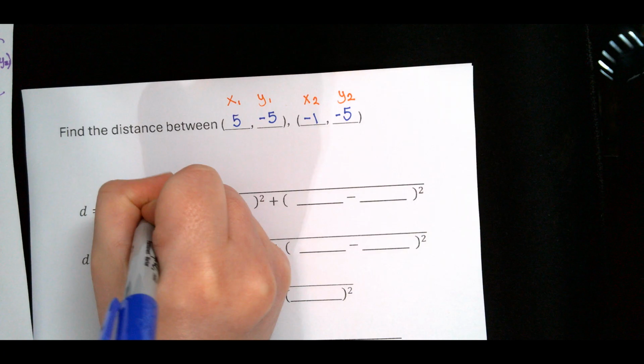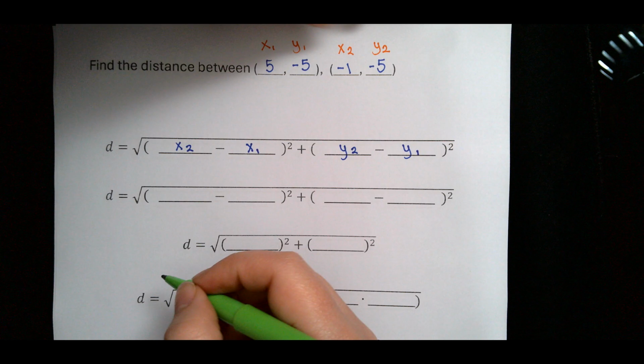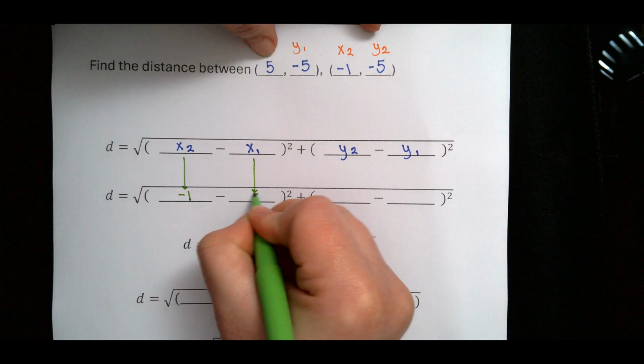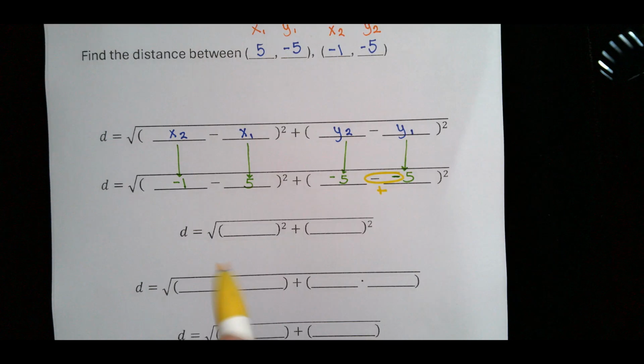Making sure to put in the correct number. So x2 was -1, x1 was a +5, y2 was a -5, and y1 is also negative.